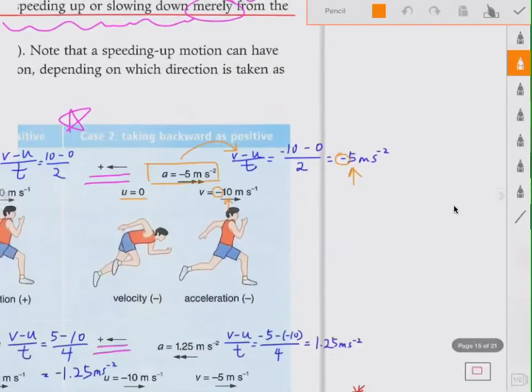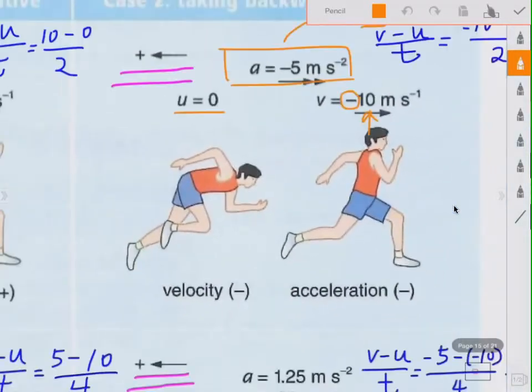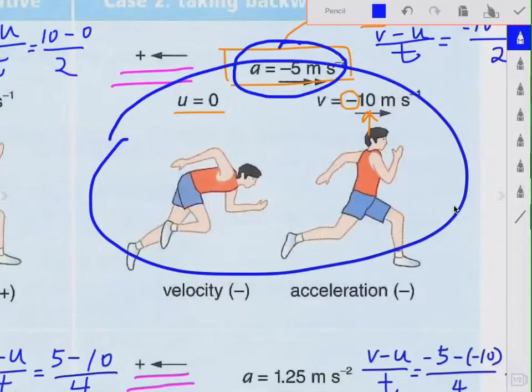And you can see, can we tell that the object is slowing down because the acceleration is negative? Of course not. You can see in this picture, this man is speeding up.